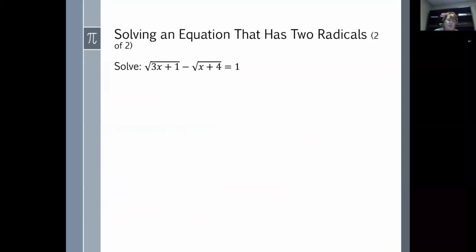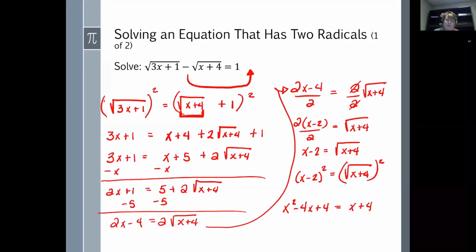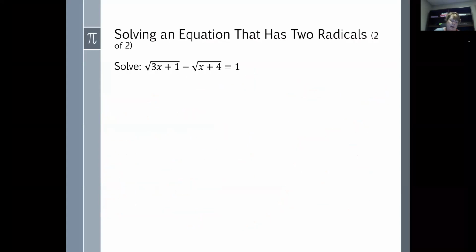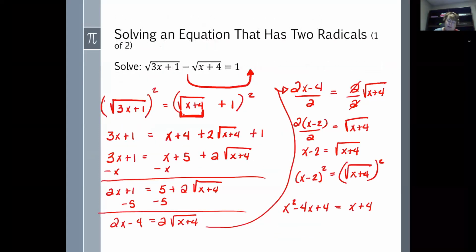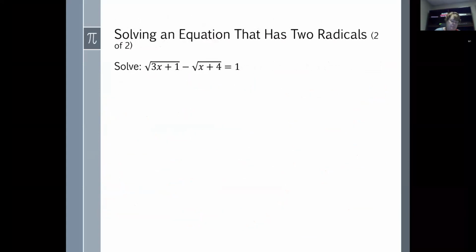So I'm going to go into the new slide. So I have x squared minus 4x plus 4 equals x plus 4.